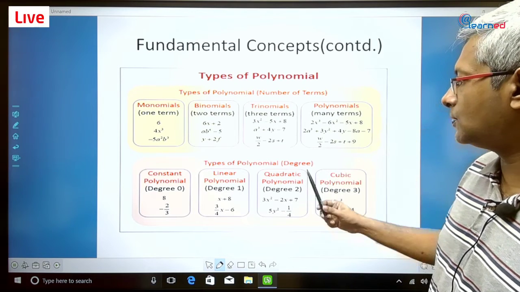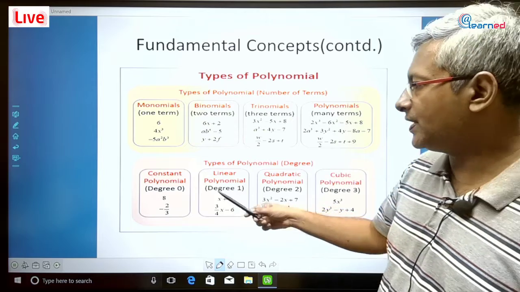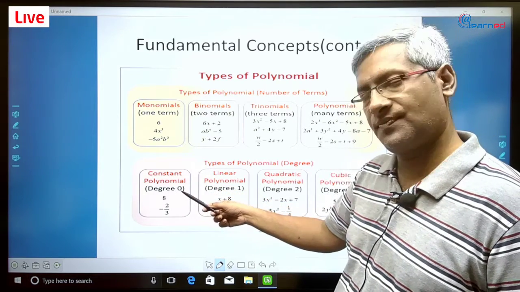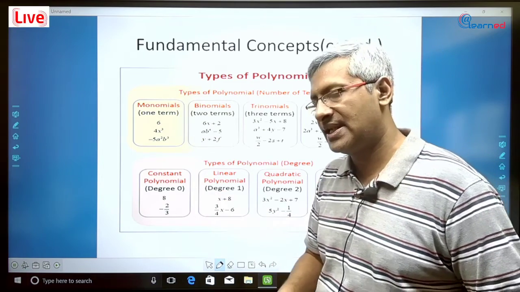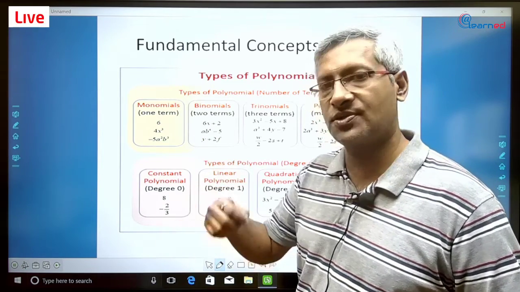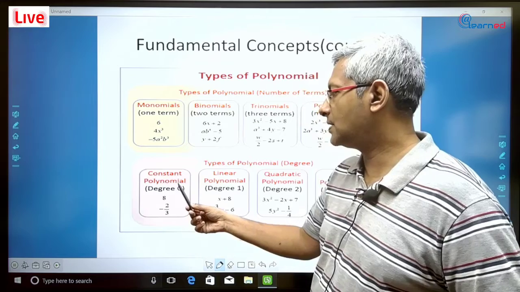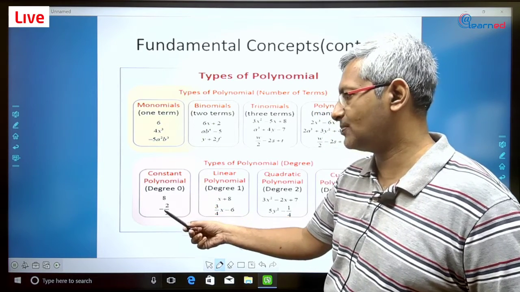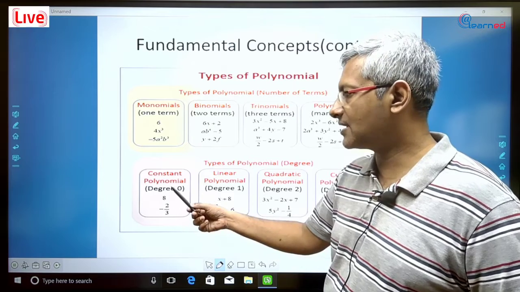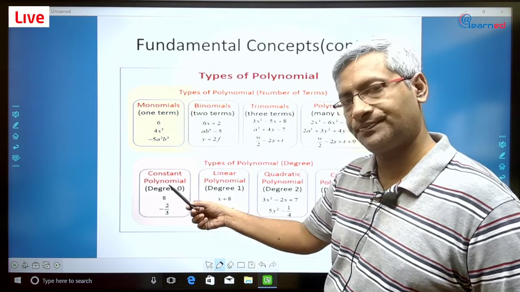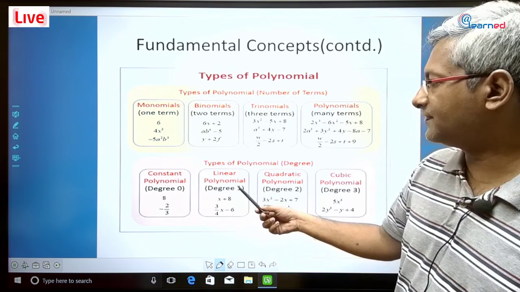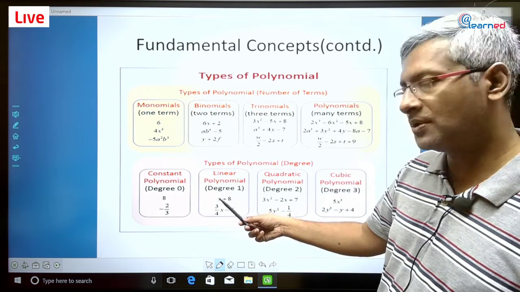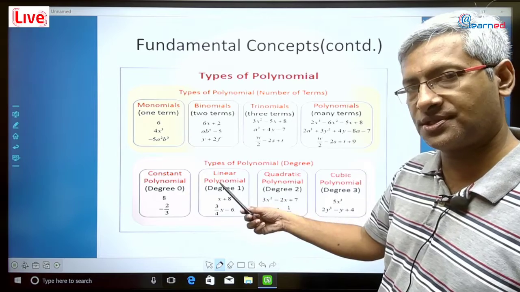Fine. Now, what are the degrees? We can have a constant as a polynomial of degree 0. So, as I said, any constant is actually that variable raised to the power 0. So, if we have a constant, the degree is 0. So, 8, minus 2 by 3, these are all of degree 0. We can have degree 1 where the power, the exponent, is 1.